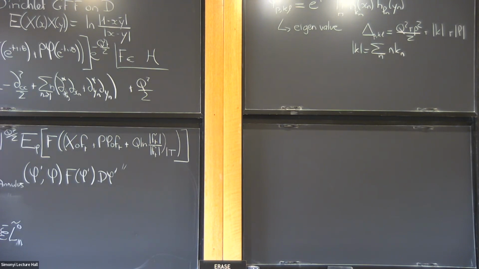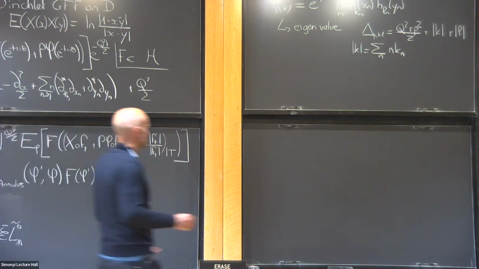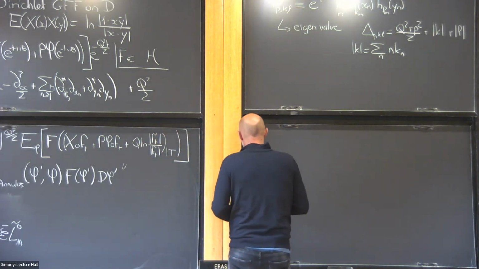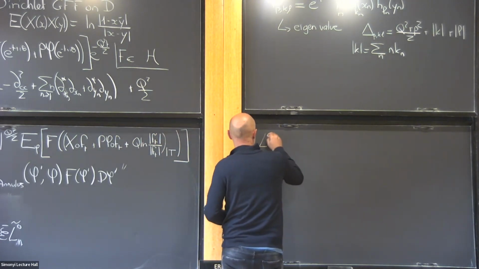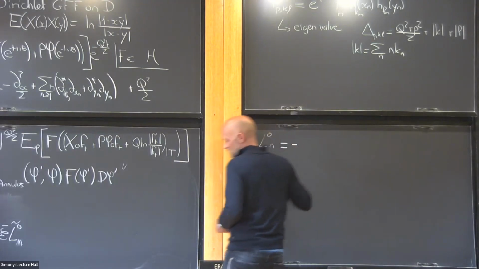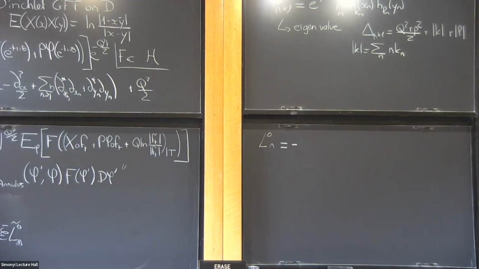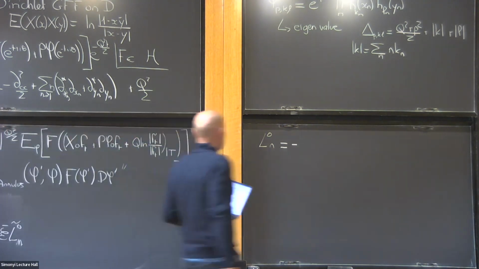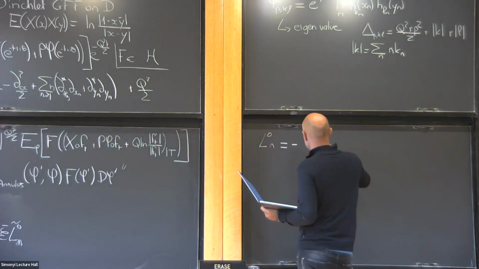So basically, this guy will be the Virasoro generator for the free field. So first, you have an explicit formula for L0, L1 and L2. I always forget this expression. Need my laptop.